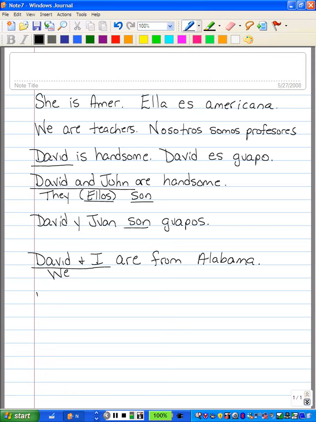So you would say it this way: David y yo somos de Alabama. David and I, we are from Alabama. The reason we chose somos is because somos is the verb that goes with nosotros. Nosotros meaning we.